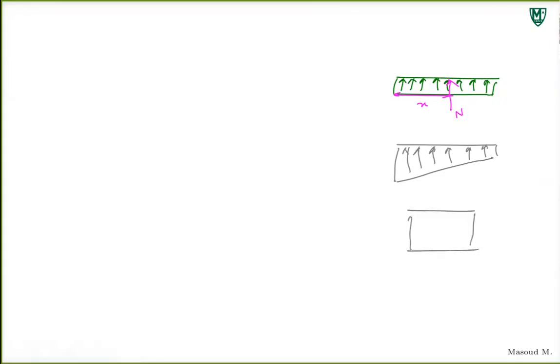If you remember the box example, when I was talking about the box sitting on the floor, I said it depends on where you apply the force. If you apply the force all the way at the top, your N is going to be closer to this end. If you apply the force to push the box somewhere closer to the lower part, your N is going to be closer to this end.